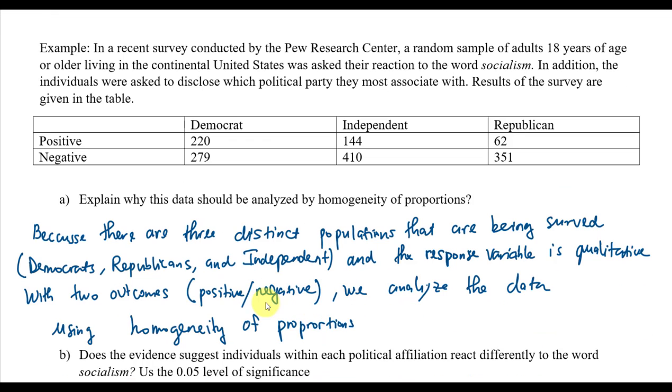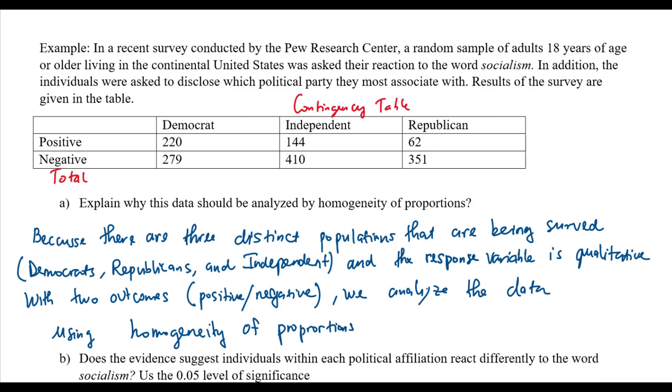So I can do that here. We have this contingency table, and now we perform the total calculation, the total for each row, and also the total for each column right here.